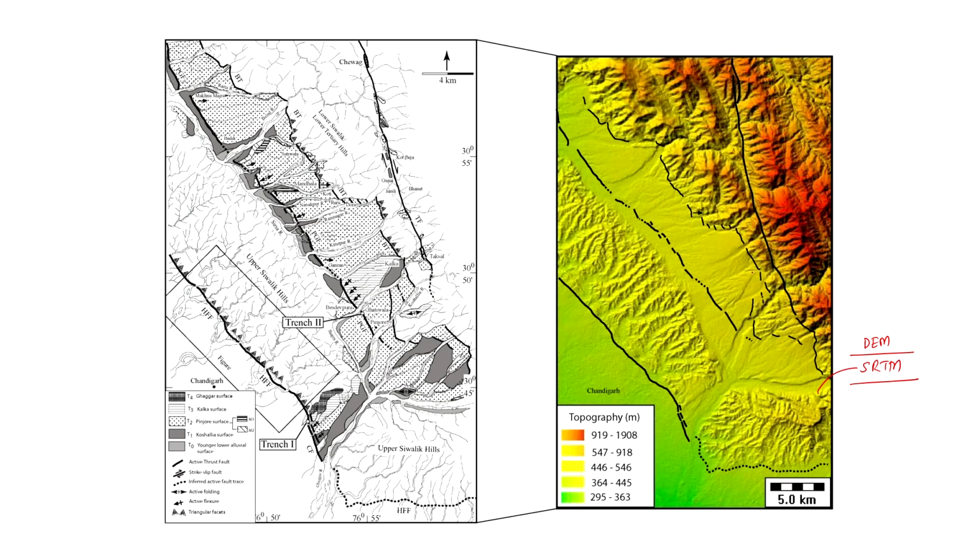And particularly in this part, for example, if you see, then there is a clear cut shift of a discontinuity of the surfaces, okay. So this is the same surface which has been displaced by the faulting a number of times whenever there is an earthquake. And based on that, what you do is that you prepare a geomorphic map.